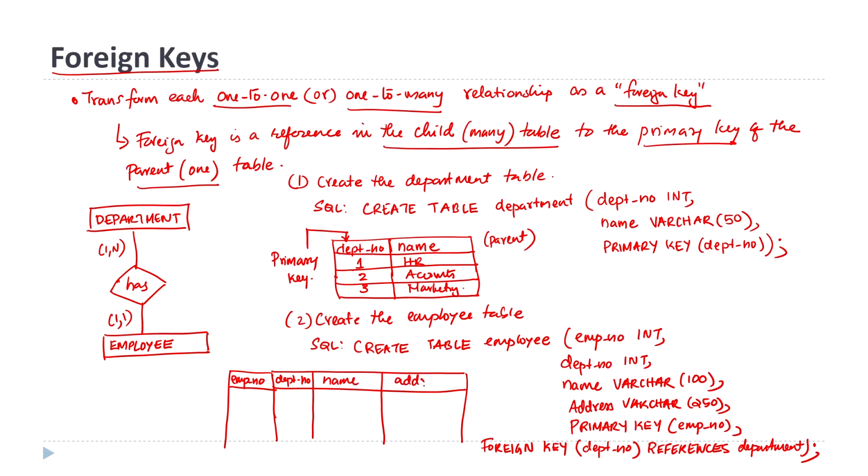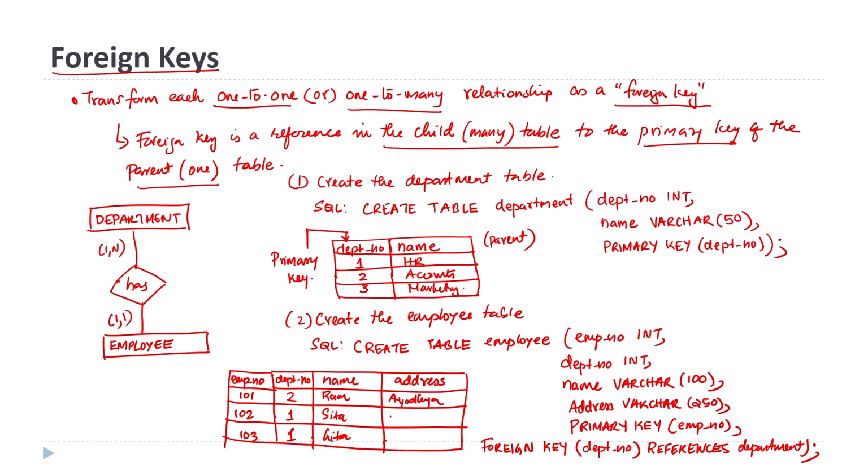So, I have employee number as 101, 102, 103, etc. And I have Ram, Sita, Geeta, and department number as 2, 1 and 1. Address is some Ayodhya, something like that.